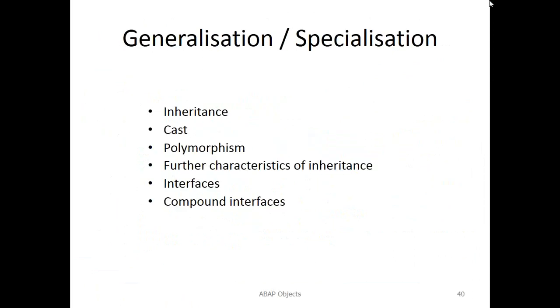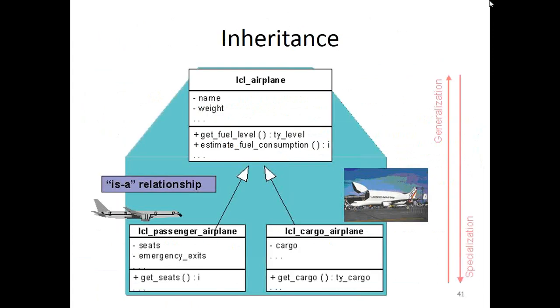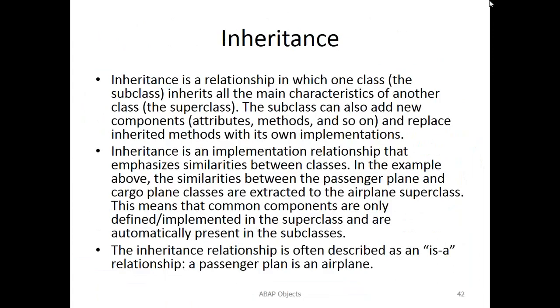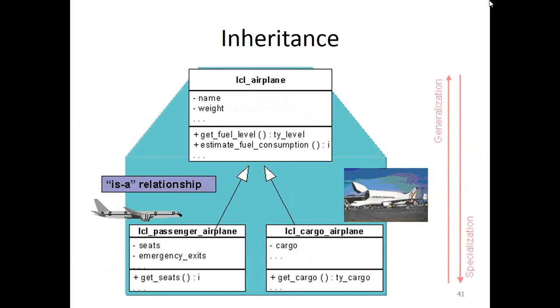These are all we discussed. What is inheritance? Deriving the subclass from the base class. Aeroplane is a class, so passenger aeroplane and cargo aeroplane are subclasses.